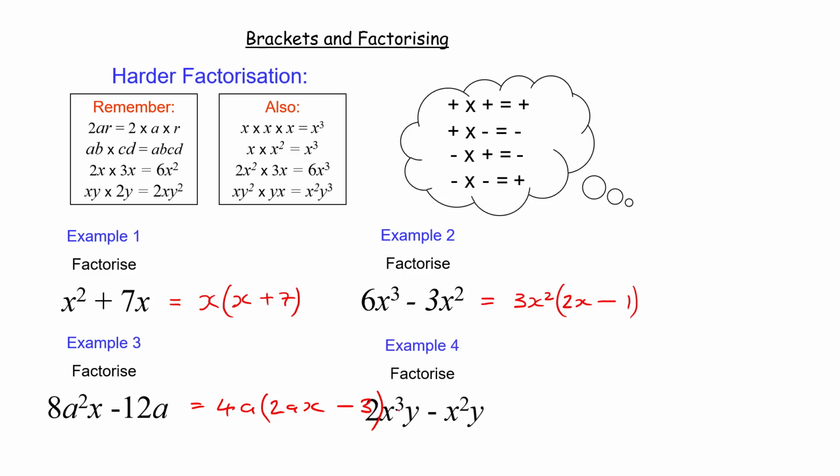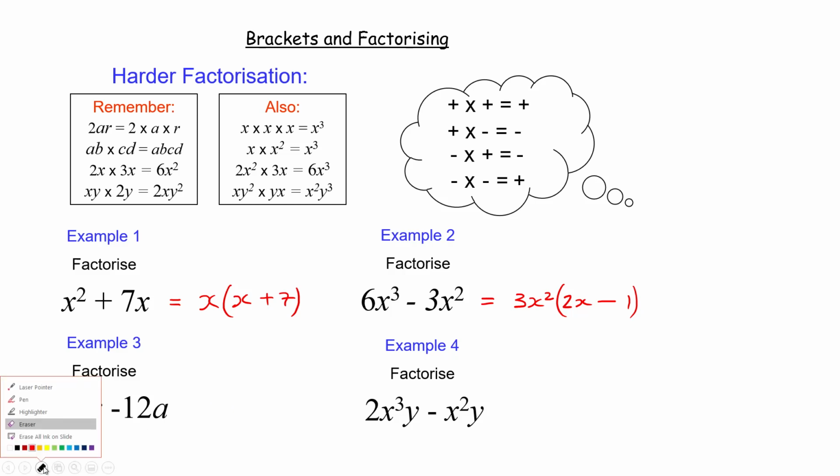And if we look at one more, I'll tell you what I'm going to do. I'm going to just tidy that up. Okay, back to red. It's equal to, we said 4a brackets times 2ax and 4a times 3, so minus 3.